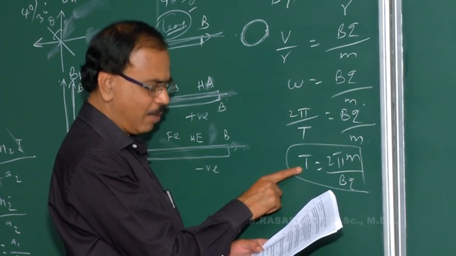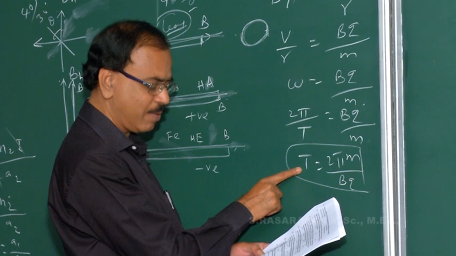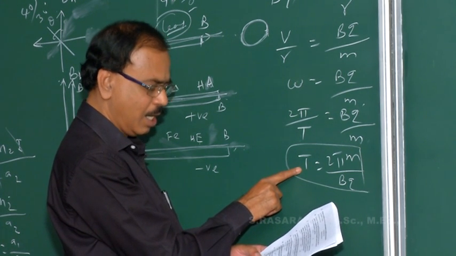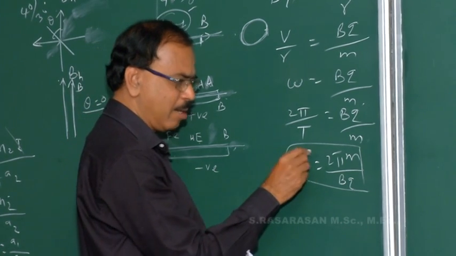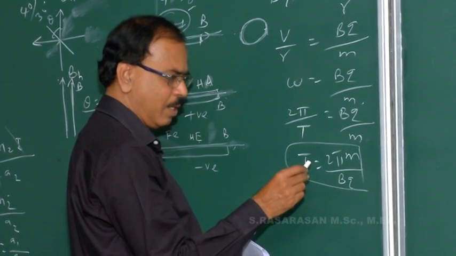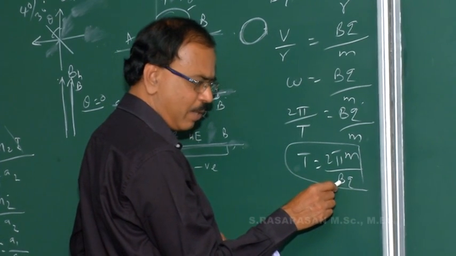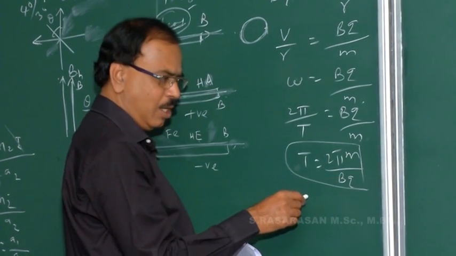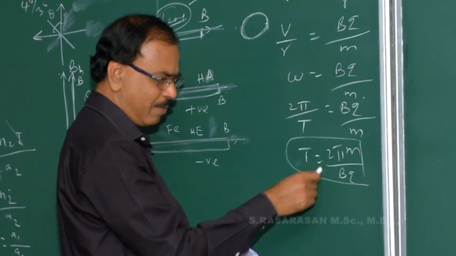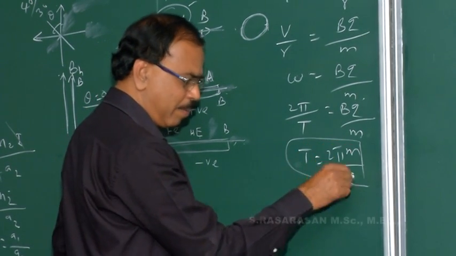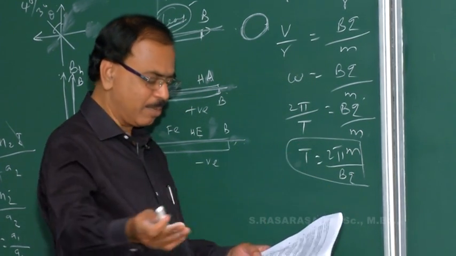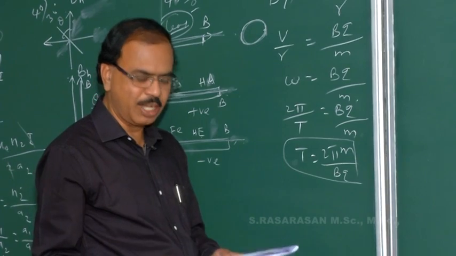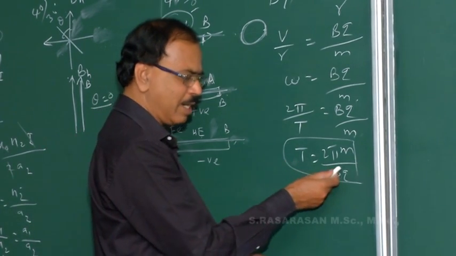So the time period of revolution of a charged particle inside the cyclotron does not depend on... T depends on mass, T depends on B, the magnetic field, T depends on charge. So in the equation, of the quantities that appear, the one that does not appear is velocity. So that must be the correct option C, velocity of the particle. So the time period is independent of the velocity of the particle.